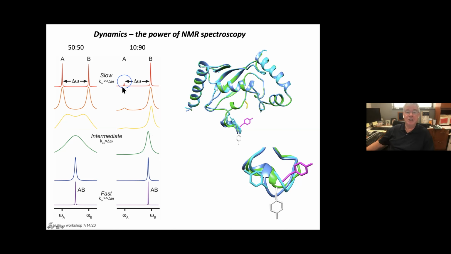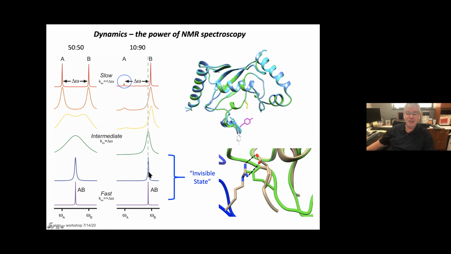Now, if you have low signal to noise or high signal to noise, maybe you'll see this state in slow exchange, but in the fast exchange, you don't see it, and you don't even know. Maybe you think that's only a single state. You may have other information that tells you that there are other states, and it's this invisible state that's of importance. If you go back and look at our papers, you'll find that in these conformations of this part of this molecule, there is another state, and one of those states changes the rotamer.